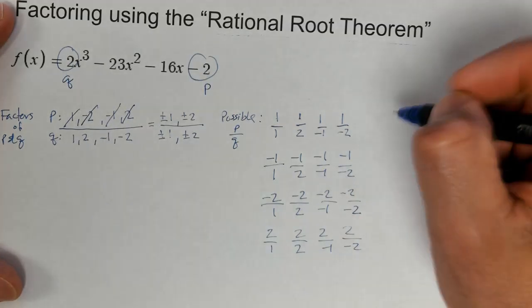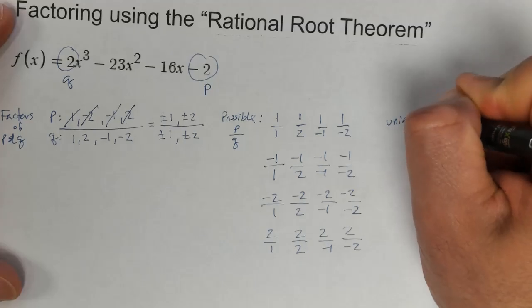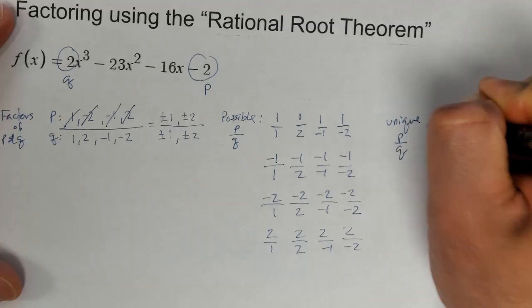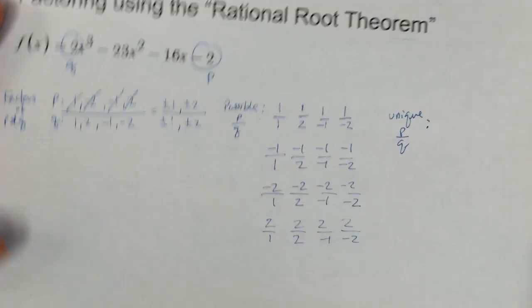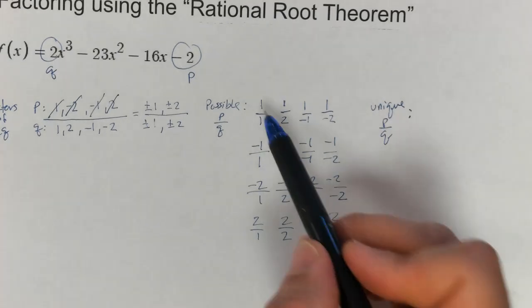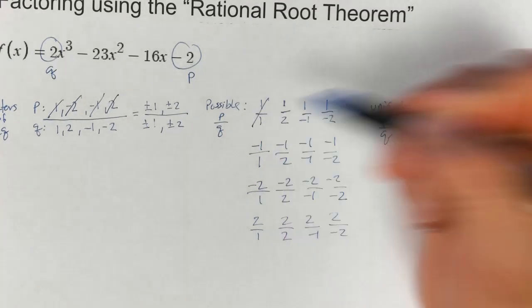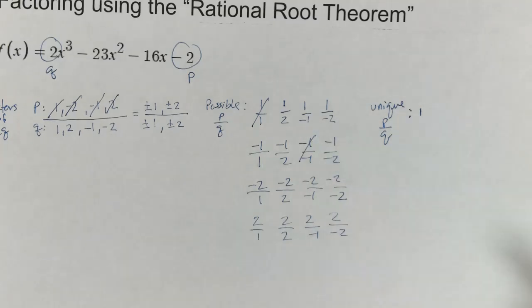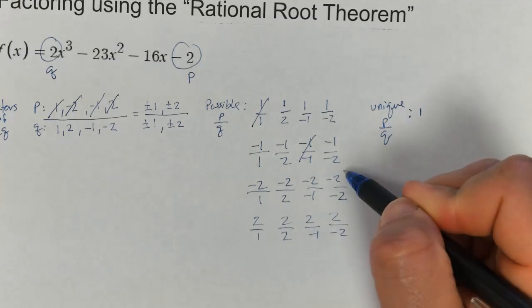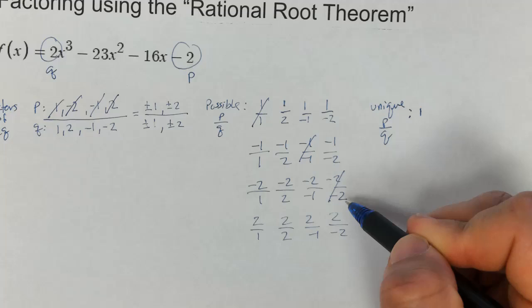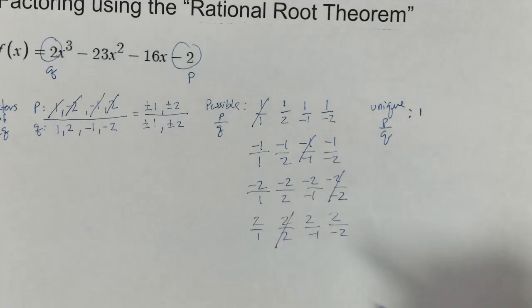Now, all of these are going to simplify to just unique P over Qs. How many unique values do I have from 16? Well, let's simplify the fractions. 1 divided by 1 is just 1. I can get a 1 when they're both positive, when they're both negative, when I'm dividing two negative numbers, like -2 divided by -2, and when I'm dividing 2 by +2.